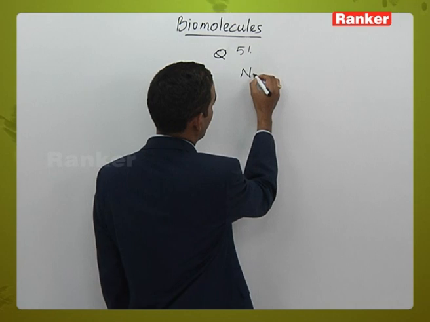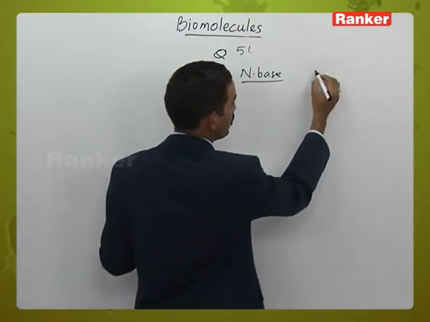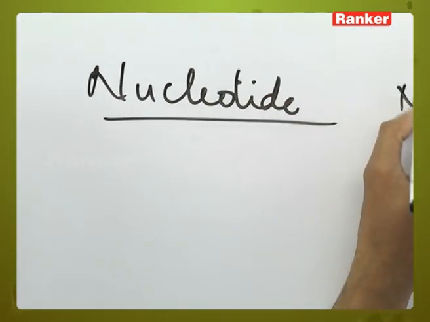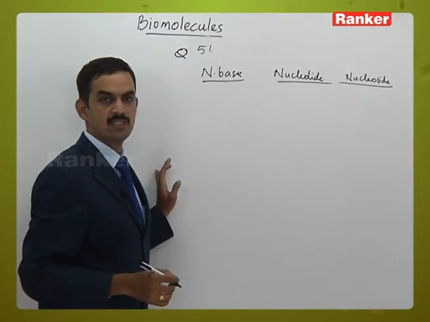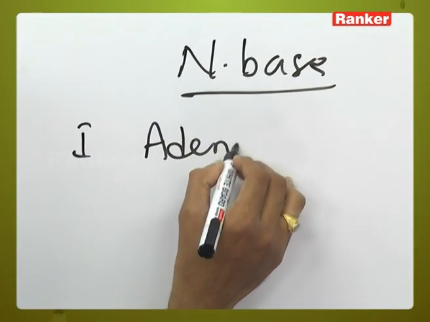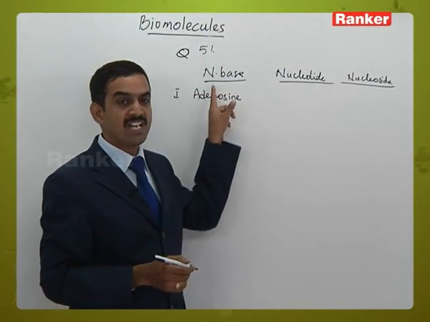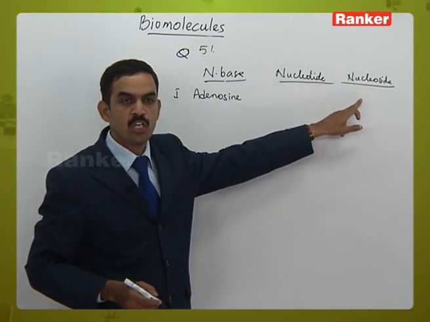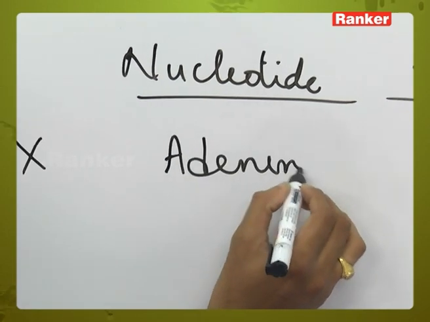Okay, now let's come to the question part here. They have given the nitrogen base in the first column, the second column is a nucleotide and the third column is a nucleoside. Now let's come to the first one. They had given adenosine. Actually adenosine is not a nitrogen base but it is a nucleoside, and that means it is wrong. And adenine.